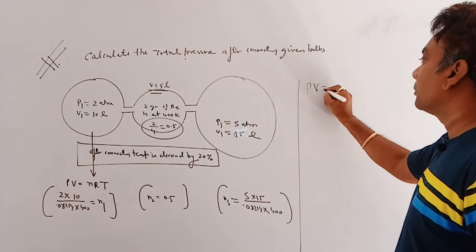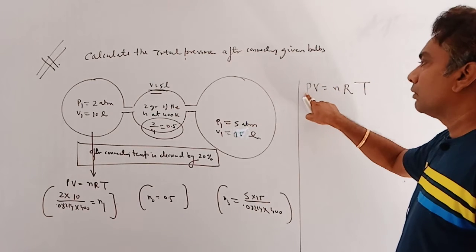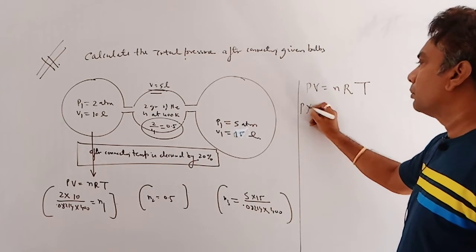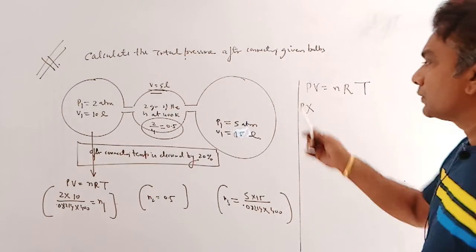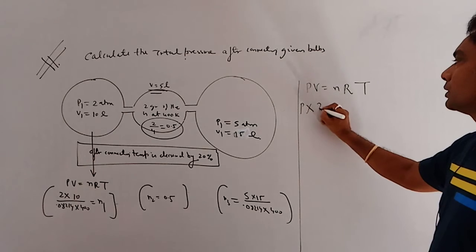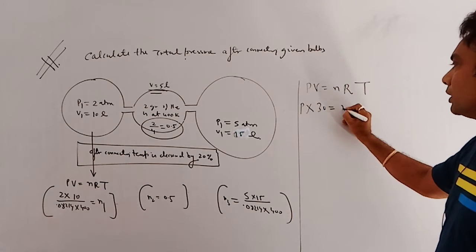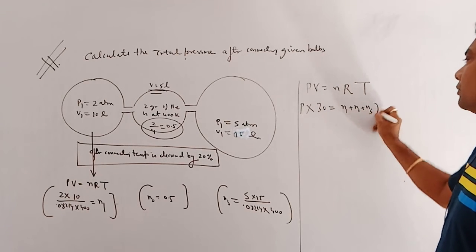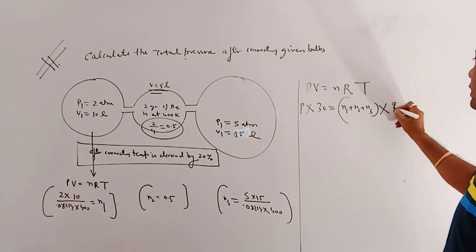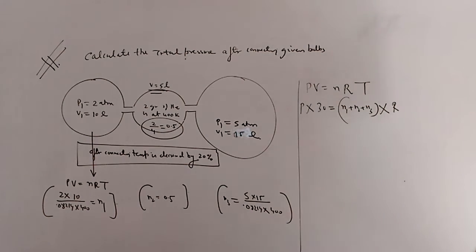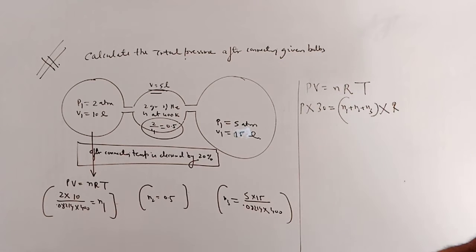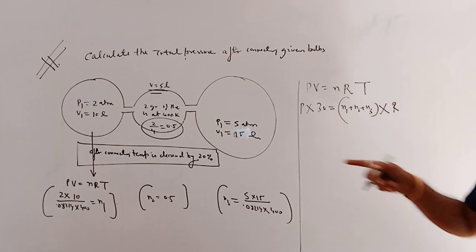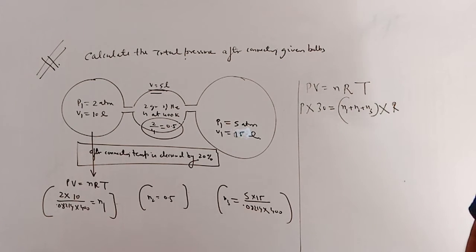Now by using further PV is equal to nRT, we want to calculate the pressure multiplied by total volume, which is 5, 10 and 15, which is 30 liter. Number of moles is N1 plus N2 plus N3 multiplied by R. And temperature, according to the question condition, is decreased by 20%.